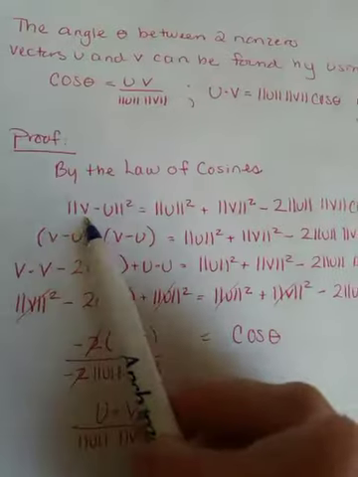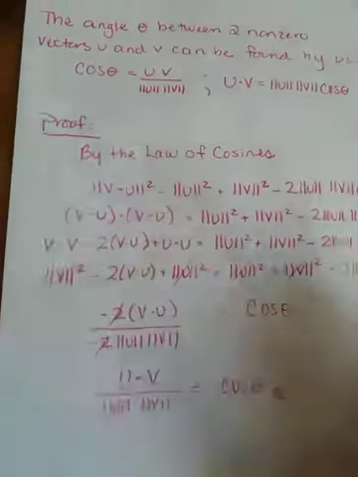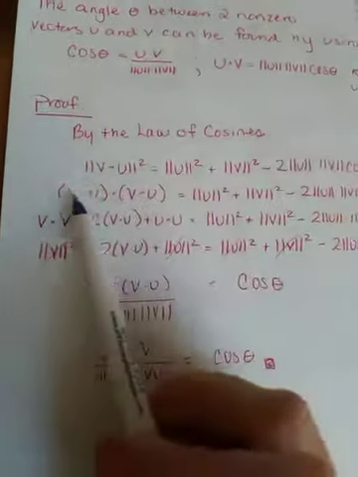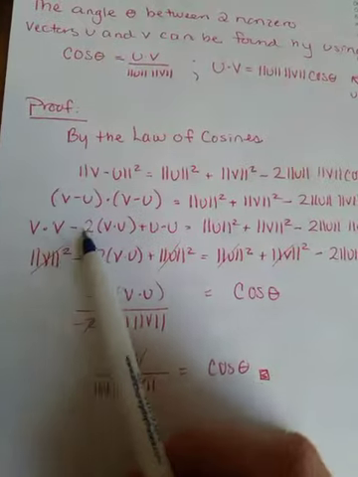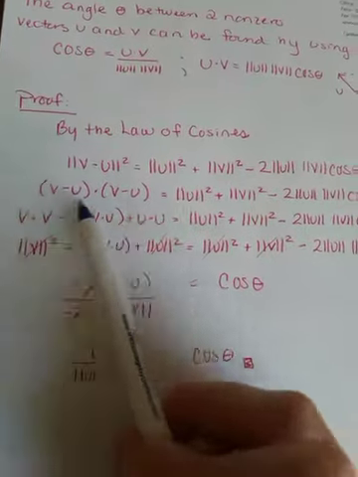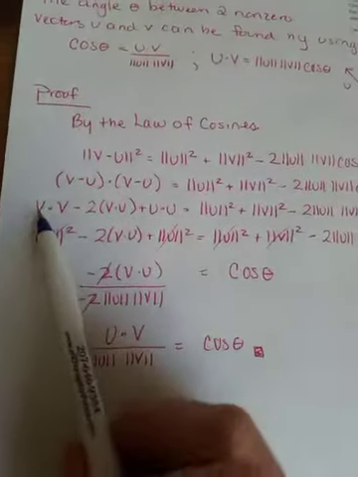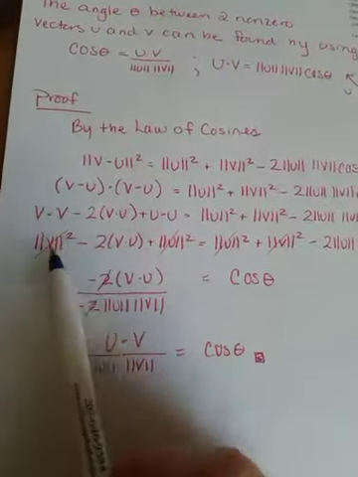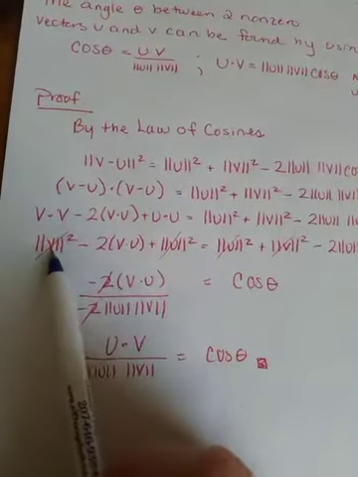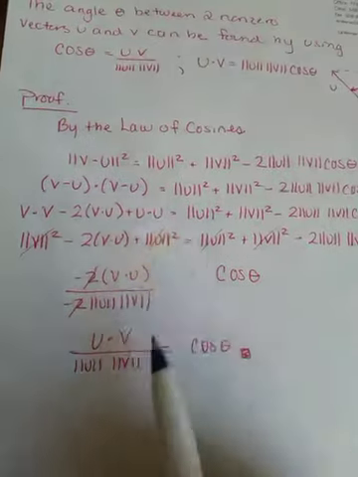So if I have the magnitude of v minus u squared, that's really v minus u dotted with v minus u. So really this is v dot v minus 2 v dot u plus u dot u. Think about foiling. Okay, the right-hand side is staying the same. So really, v dot v, again, by definition, that's the magnitude of v squared. u dot u is the magnitude of u squared.